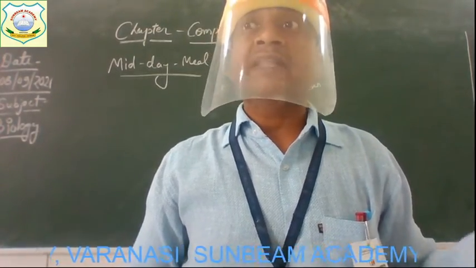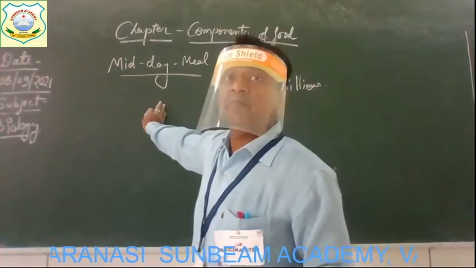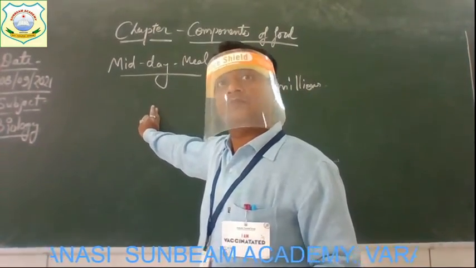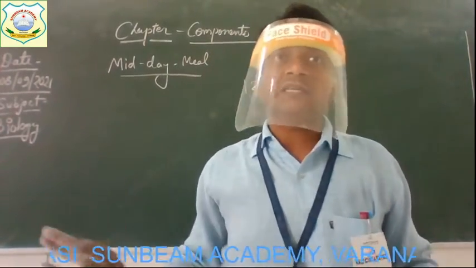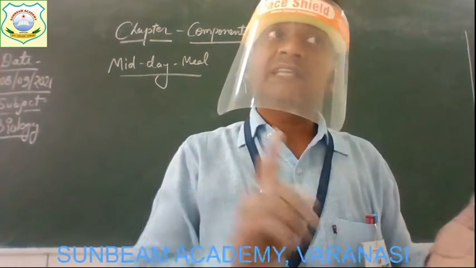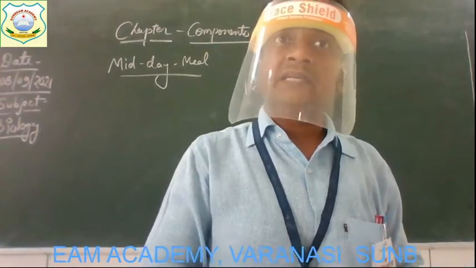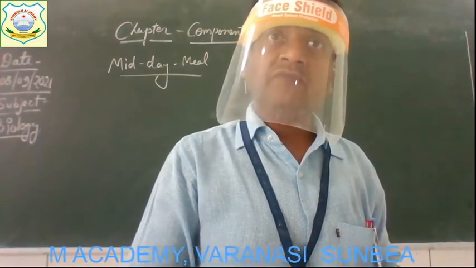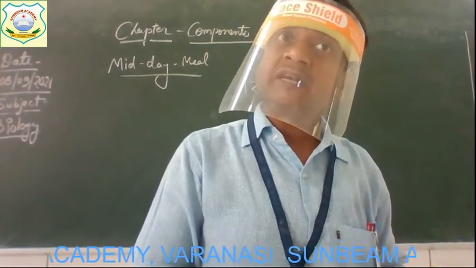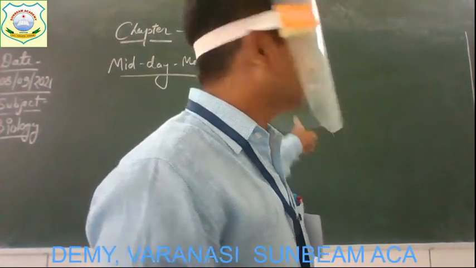And the name of this scheme is midday meal scheme. Understood about this scheme? Where was it started first? In Chennai in the year 1925. Nowadays, how many children benefit from it?